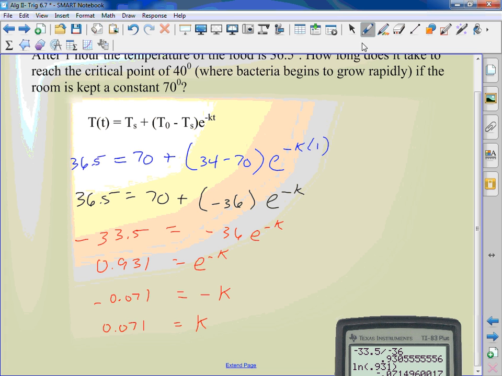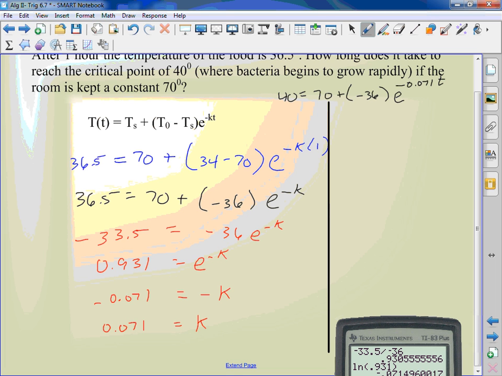So I'm going to redo the problem. But this time, 40 equals 70 plus, and I already know this is negative 36, e to the negative 0.071 t.